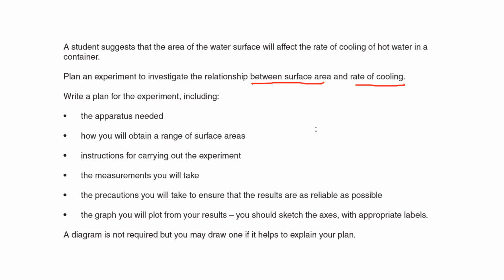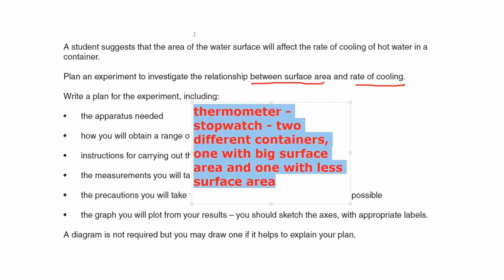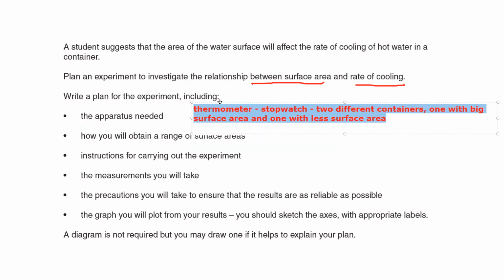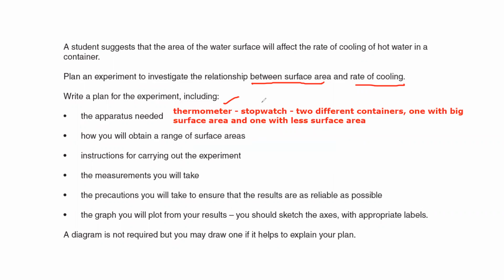To investigate how the rate of cooling is affected by the surface area, the apparatus we need is a thermometer, a stopwatch, and 2 different containers, or you can mention 3 different containers, like one is big, one is small, and another one is in between, not too big, not too small.